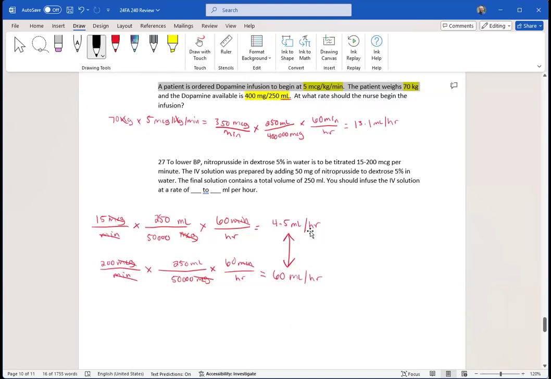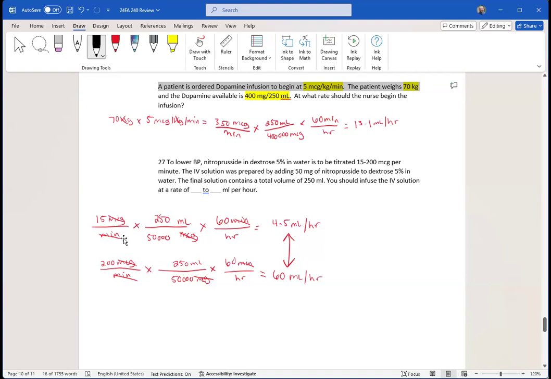This might look familiar to you. If you recall from your pediatric dosages, you had to calculate ranges. That's all this is. It's not intentionally confusing, but sometimes if you don't know what to do when they tell you to titrate starting at 15 and working your way up to 200, that's all we did.